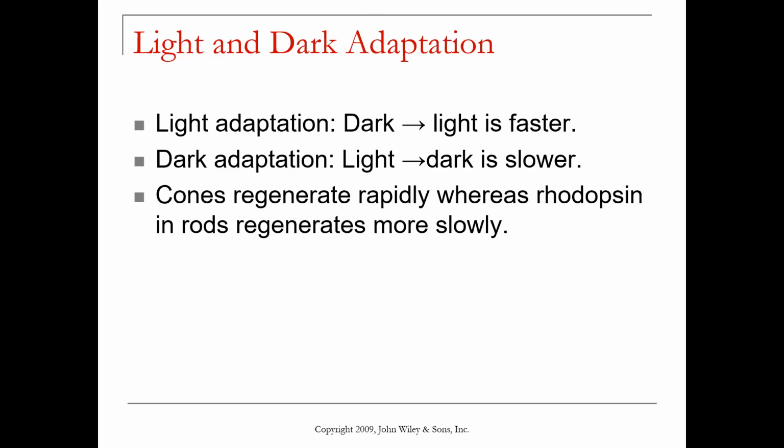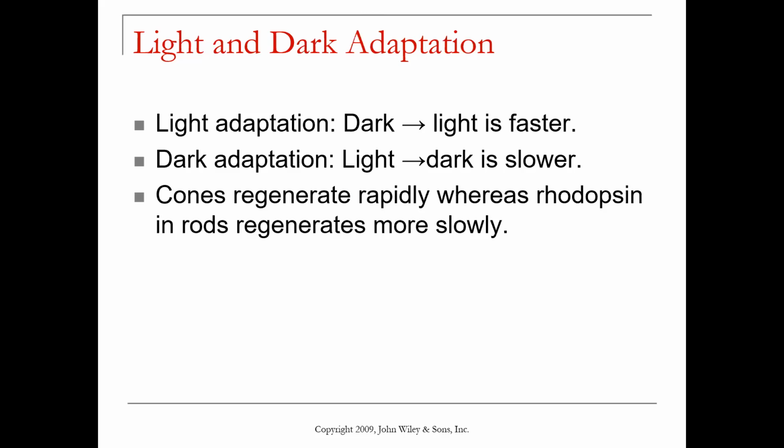The cones regenerate rapidly. In dim light, the cones aren't going to work, but they regain their ability to function in bright light very quickly. When we go from bright light to a dark area, we go from inside our house and go outside at night.